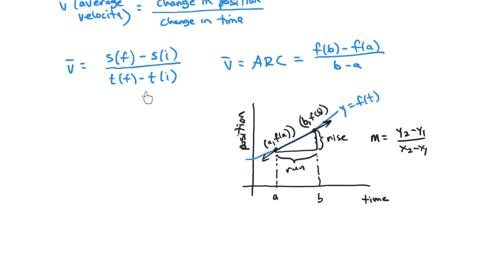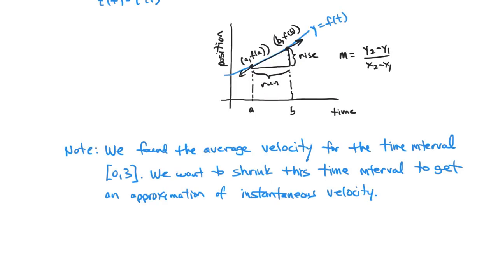And the same thing here. If I label these a little bit differently, instead of A and B, if I have I for initial here and F for final here, then this is the position and the time, and then I use the same formula. I'll just get average velocity equals this. So both of these average velocity formulas, we've seen them before. They're just the slope formula. It's just a quick recap of what we've done.